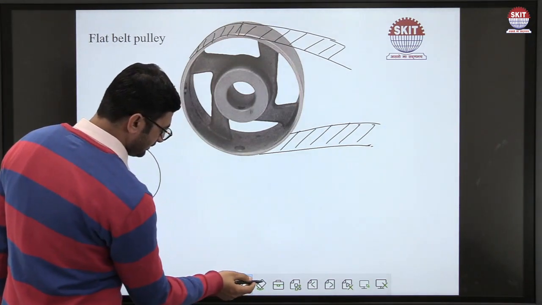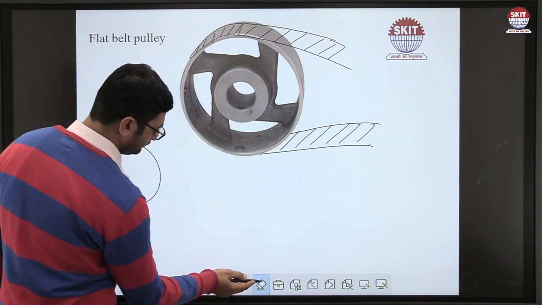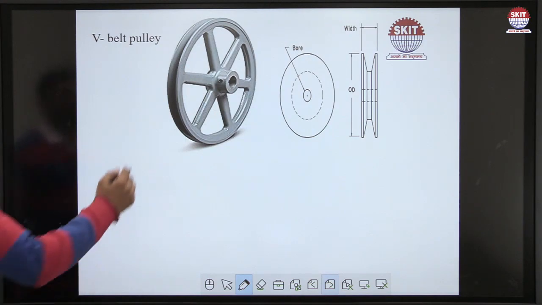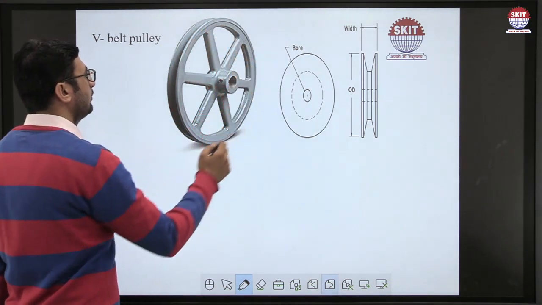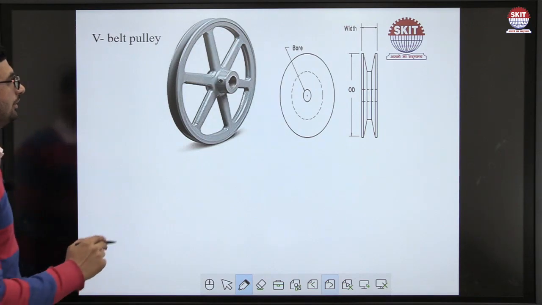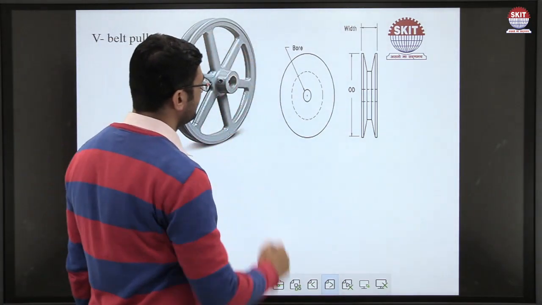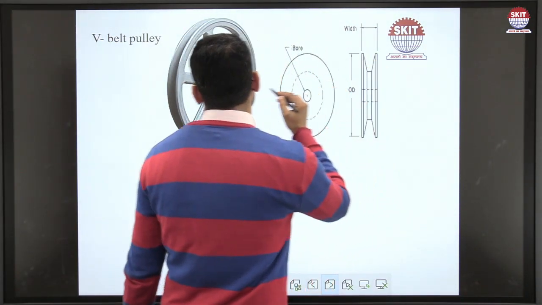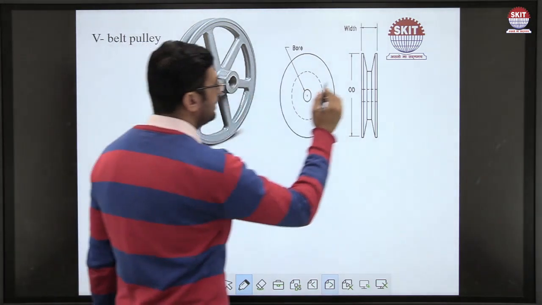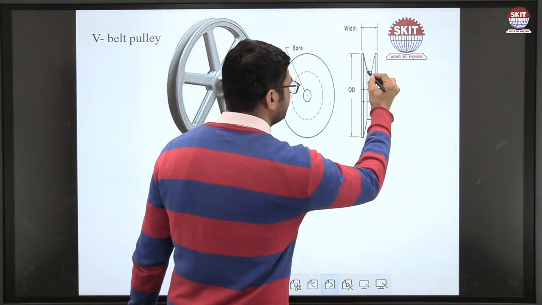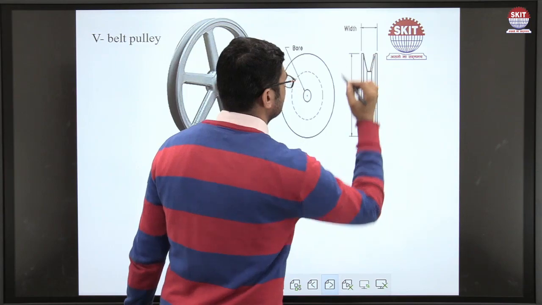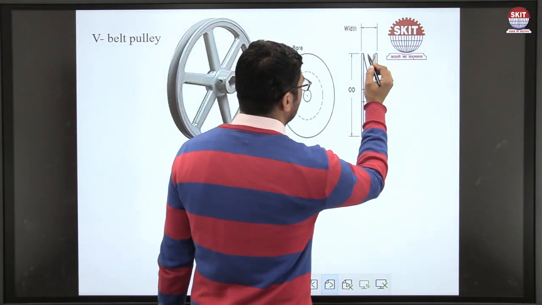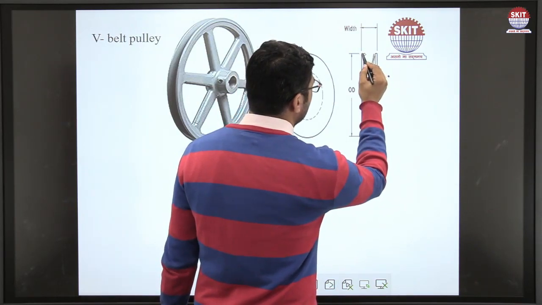Next is V belt pulley. The outer surface of the V belt pulley is V shape. This is also a circular device, and we see the image of the outer surface. We have the V shape, and we fit the belt in this V groove like that.